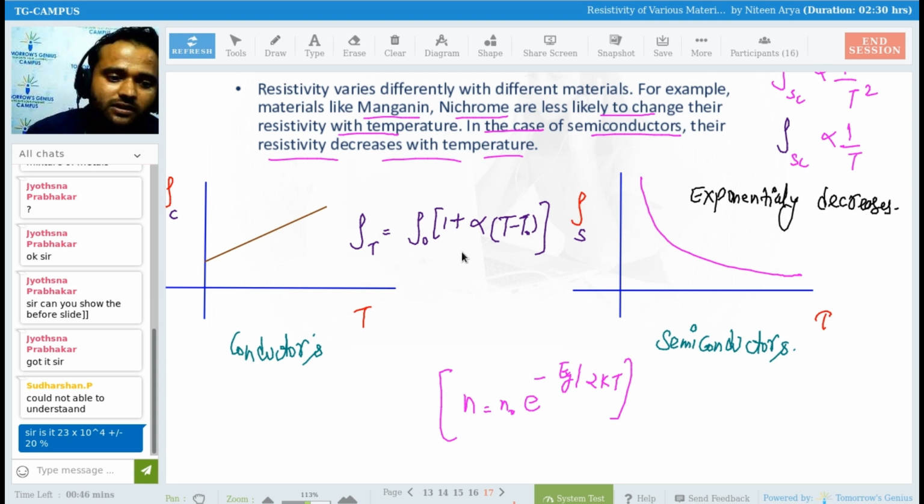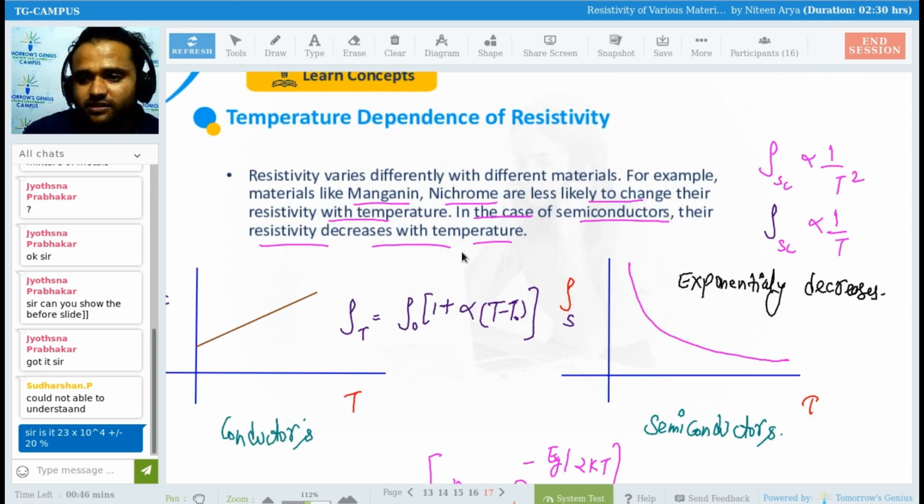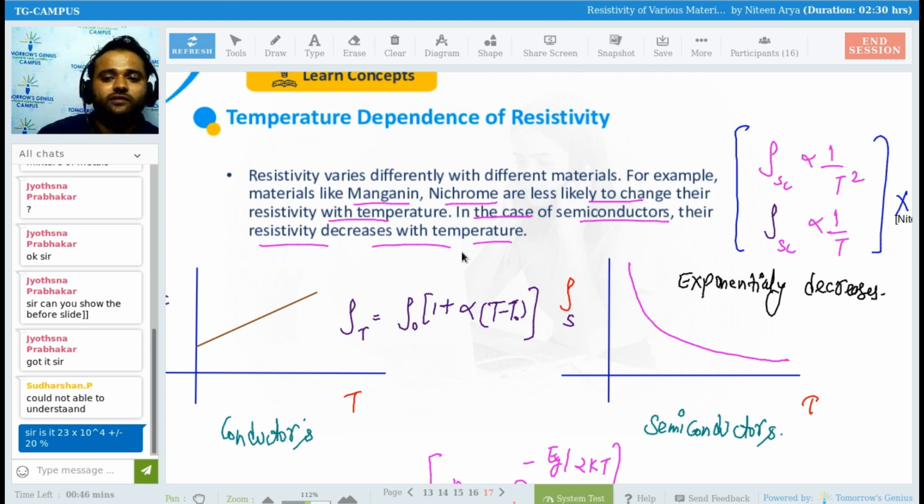From this relation. Sir, so that graph is called an exponentially decreasing trend. Yes. Not inversely. This is your inverse, this is your 1 by T square, or inverse square. That is wrong. In this way it is going to decrease.